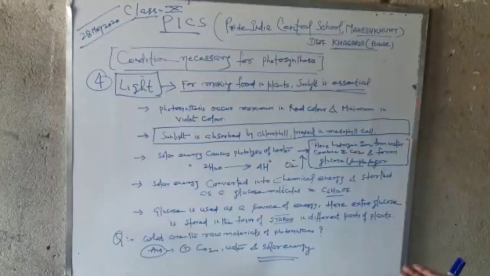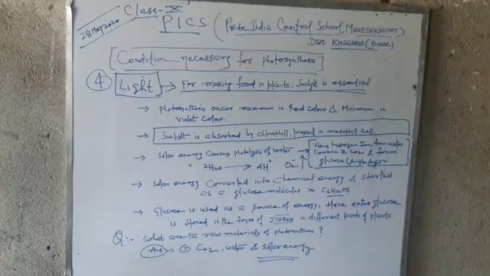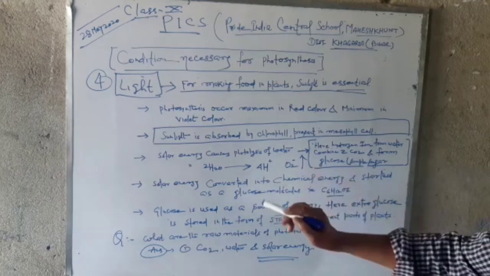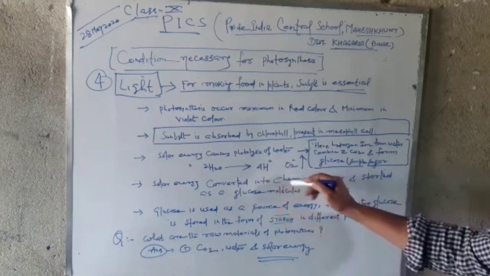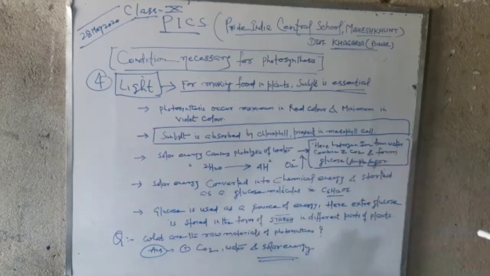So what is the function of photolysis? Due to the solar energy, photolysis of water occurs. The water breaks down into 4H and O2, hydrogen ions and oxygen.